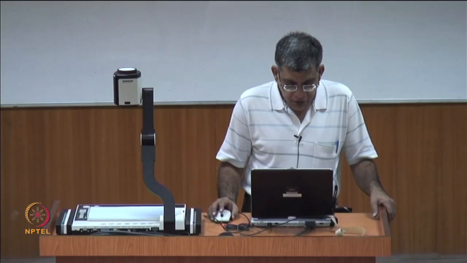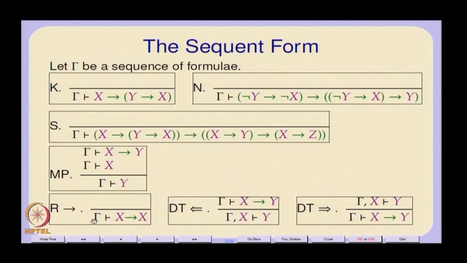Reflexivity is just this: since we proved it for all possible formulae, you can make it a derived rule and a schema with a variable like x. So, x arrow x under any assumption gamma is perfectly fine. The deduction theorem itself can be expressed as two new derived rules, which actually specify the movement.